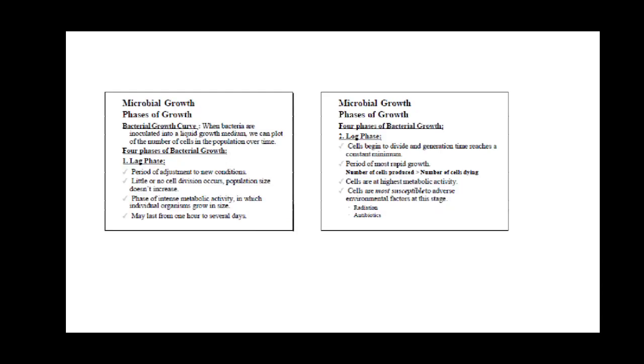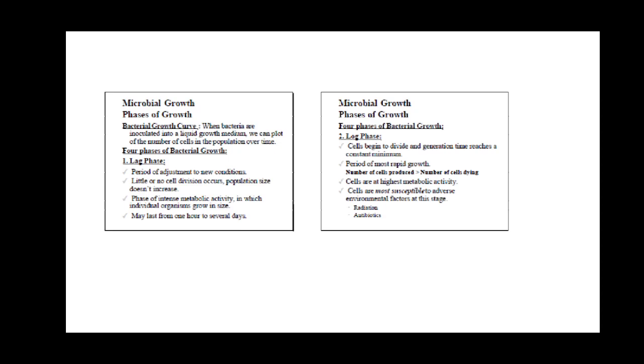So there are different phases of growth. First phase is the lag phase. In the bacterial growth curve, when bacteria are inoculated into liquid media, we can plot the number of cells in a population over time. So we know that with respect to time, the bacterial number will go on increasing.